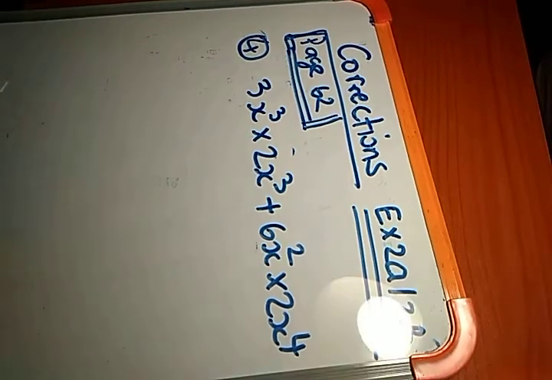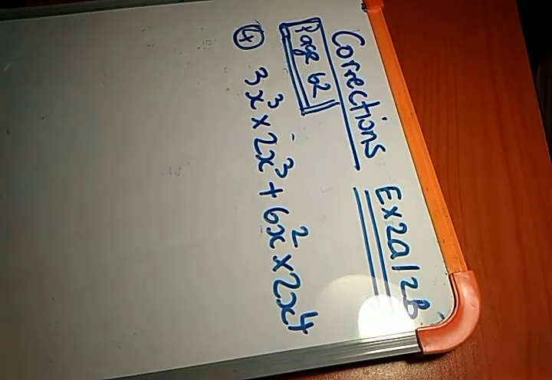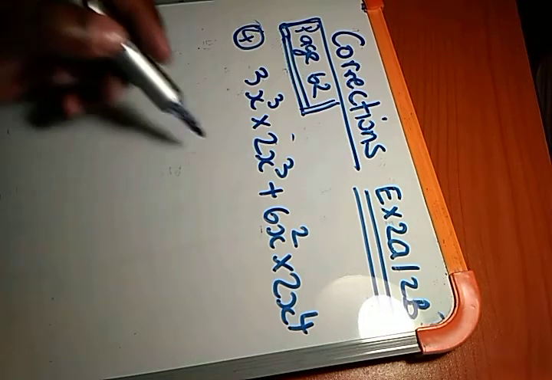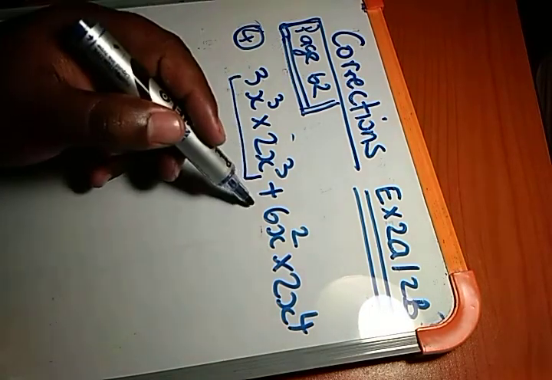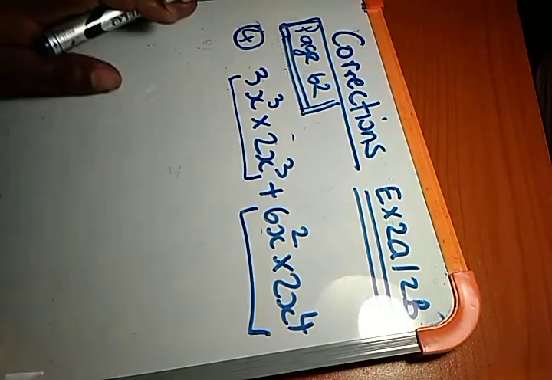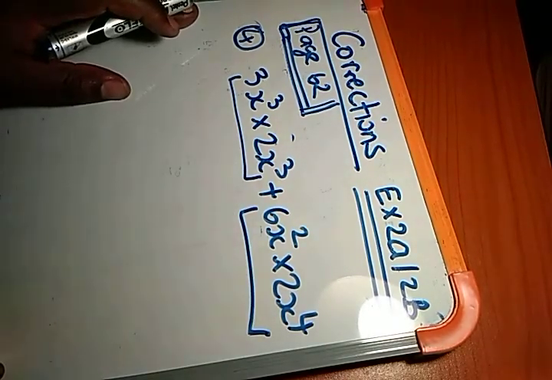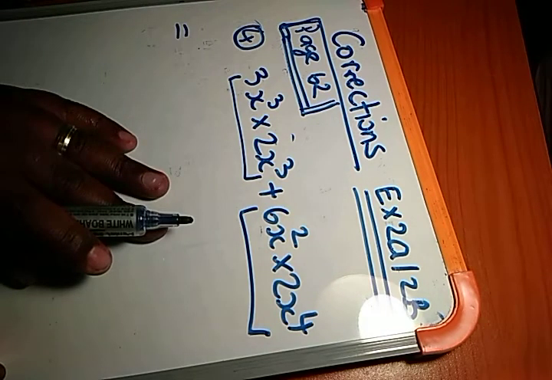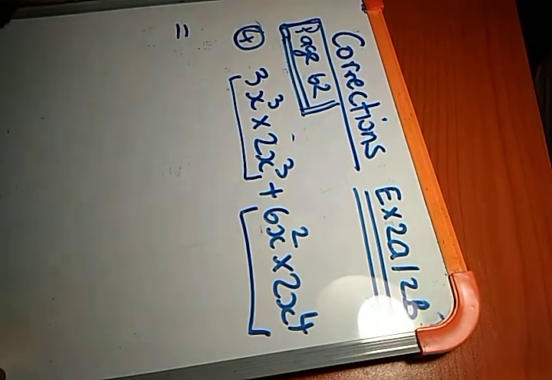Right, so the last sum in 2a was this number 4 here. What we need to do here is we've got a term there, we've got another term there. So here it looks like we'll be able to apply law number 1. Multiplying powers of the same base, you add the exponents.